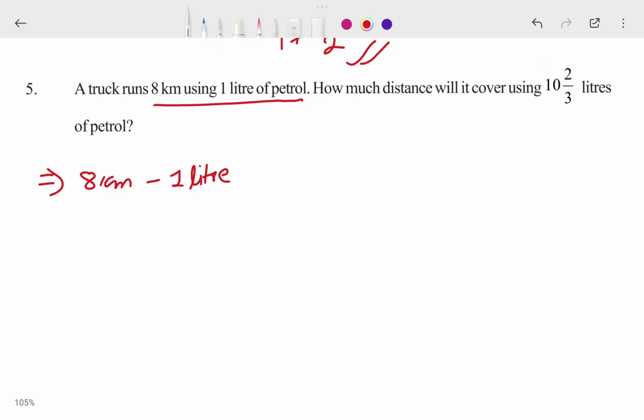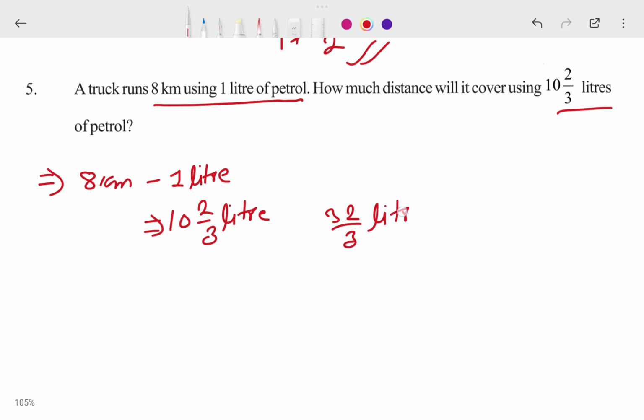If it is asking how much distance will it cover using 10 to the power of 2 liters of petrol, this question is telling, when you change the mixed fraction into the normal fraction, it is going to be 32 by 3 liters of petrol.